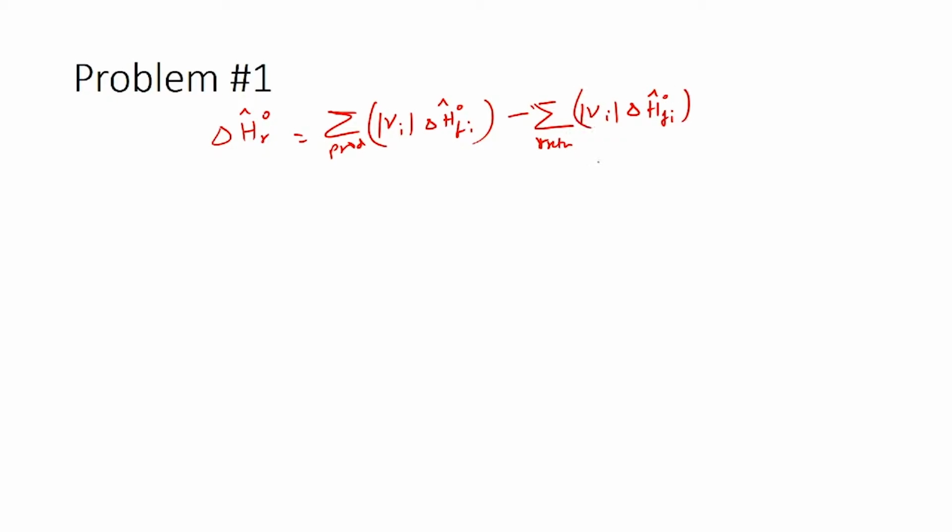So, this is the equation which we have derived using Hess's law, and we have already checked if this equation is valid. So, we can test it one more time while we are doing the calculations.